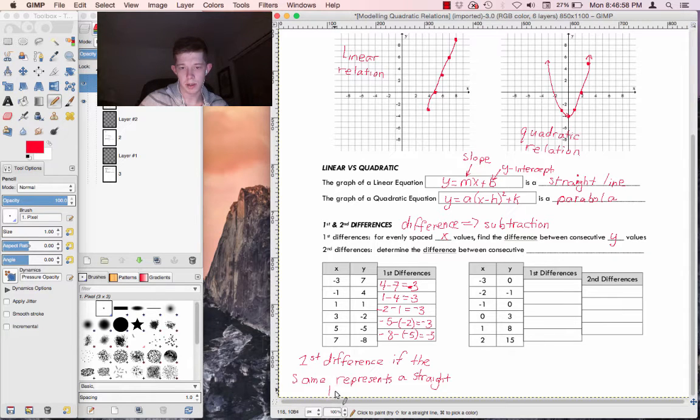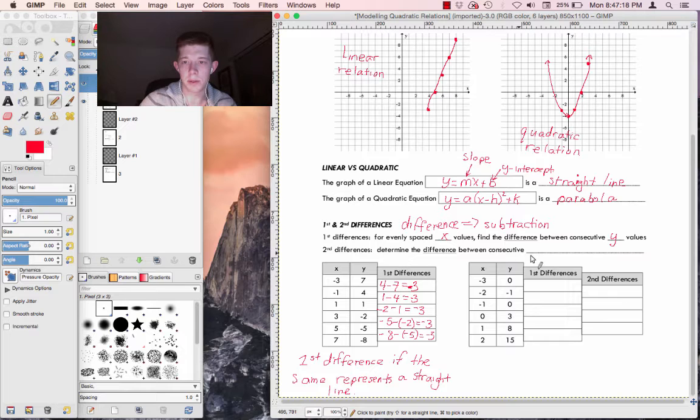Let me just put the word line underneath. What I mean there is all this data here, this x and these y's, the combination of the ordered pairs, so negative 3, 7, negative 1, 4, and 1, 1, will make a straight line if you put them on a graph. Now let's try the same with our second difference.